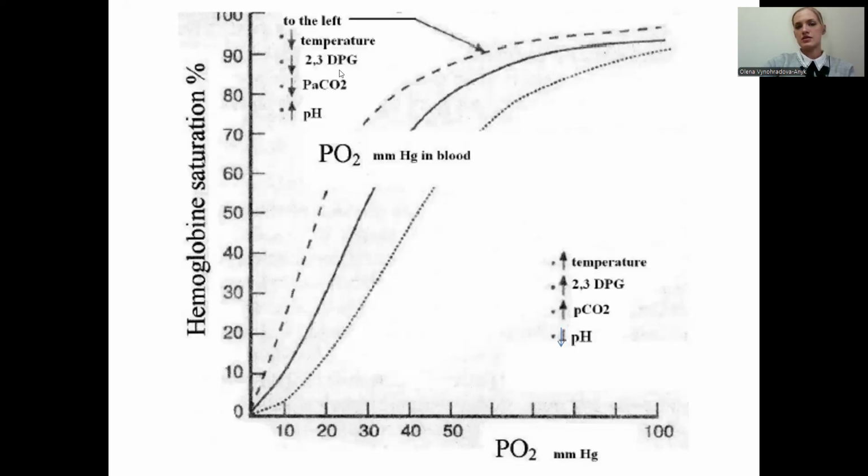By the way, this situation when carbon dioxide can be decreased happens with artificial ventilation in a reanimation department. And what does shifting to the left side mean? It means that dissociation of hemoglobin and oxygen happens not so easily, and it is a big problem for releasing oxygen to tissue.